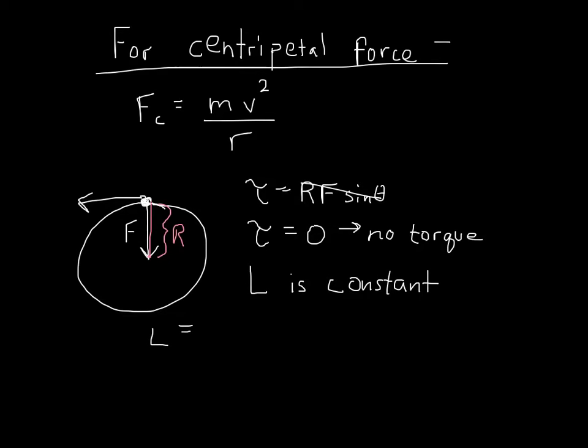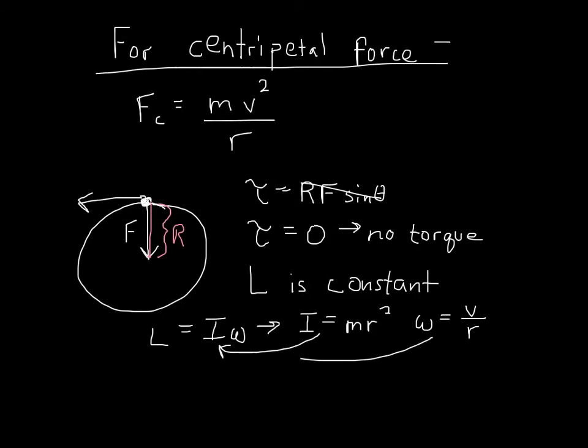My definition for angular momentum, L equals I omega, where I for an object in general is typically mr squared, and omega is equal to v over r, both from previous chapters. And we can plug and chug these values in. Plug and chug my I, plug and chug my omega, and I find that my angular momentum for an object subject to a centripetal force is equal to m times r squared times v over r.